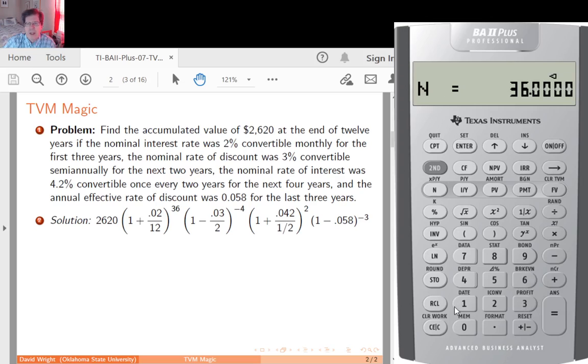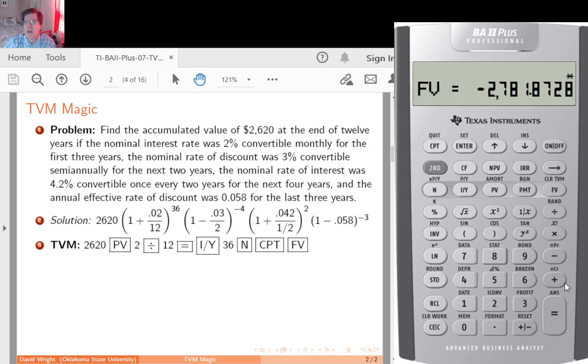So we'll put that in N. And I'm ready to figure out the value at this point after one phase. And write those buttons down. So we have put in 36 for N. All we have to say is compute future value. And it's minus 2,781. Now I would interpret that as positive 2,781 and 87 cents. But we're going to keep going now.